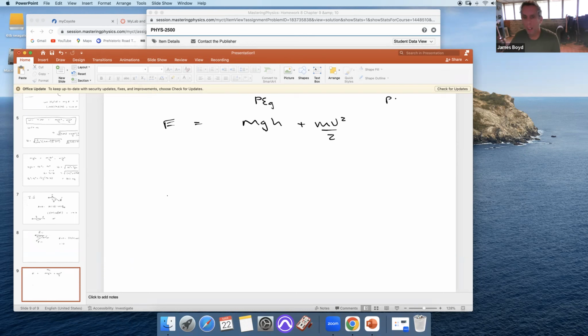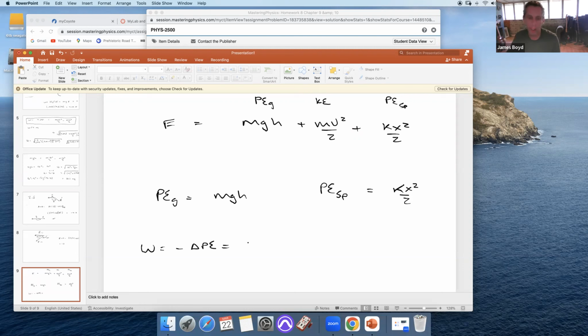If there's a spring, and this is the kinetic, then we also have to add this kx squared over 2 term. The potential energy of gravity is mgh. The potential energy of a spring is kx squared over 2, okay?